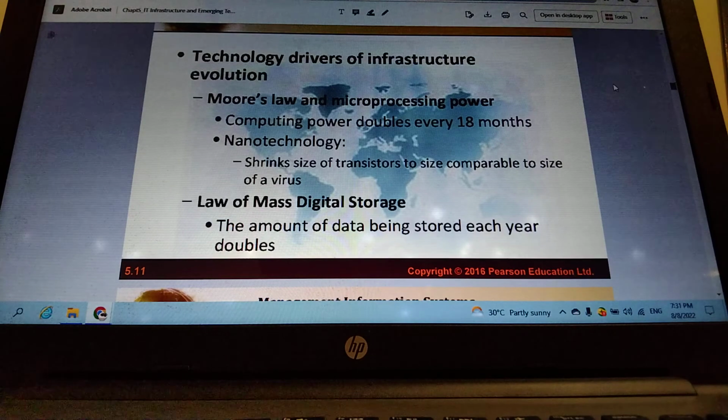The other technology driver besides the IT infrastructure is what we call the law of mass digital storage. The amount of data being stored each year doubles. There is a lot of data over the internet that you can easily pull out and check. I'm not going to do that, as it is not part of the slides.